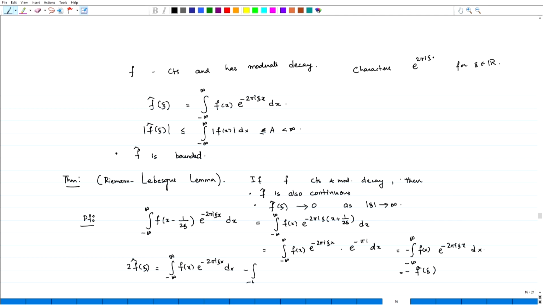Therefore, this is the integral from minus infinity to infinity of f of x minus 1 by 2 ξ, times e to the power minus 2 pi i ξ x dx.